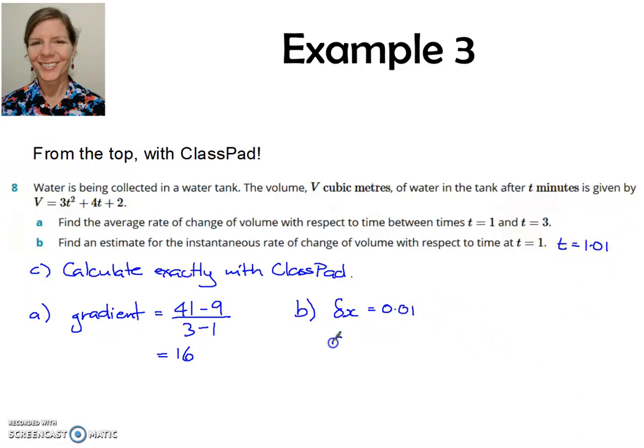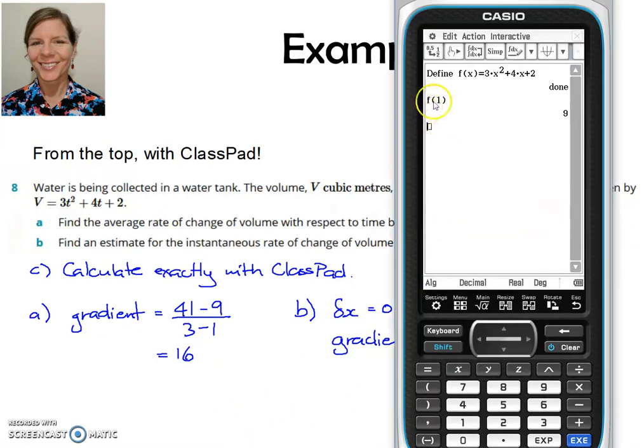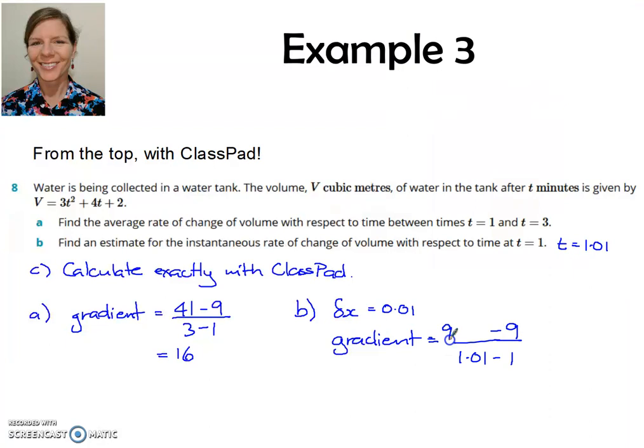Alright, so the gradient will be, well, we know it'll still be minus 9, and we know it'll be 1.01 minus 1, so we just need to find out the value of the function at 1.01, so we can do that up here. Okay, 9.1003. Alright, and if you work that out, you end up with 10.03.